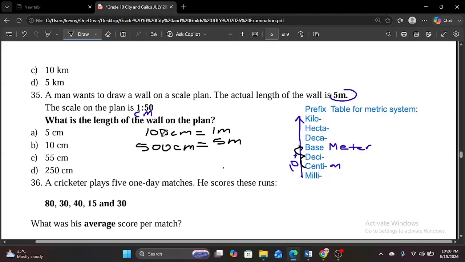So if I know that 500 centimeters is equal to 5 meters, then, since this map ratio right here is telling me that 1 centimeter represents 50 centimeters, in order to move from 50 to 500, I would have to multiply both sides by 10. So 10 times 50 would give me the 500, and 10 times the 1 would give me 10. So that means that 10 centimeters will give me 500 centimeters. That's the answer right there.